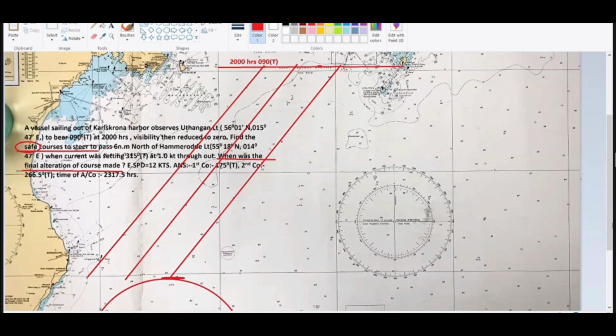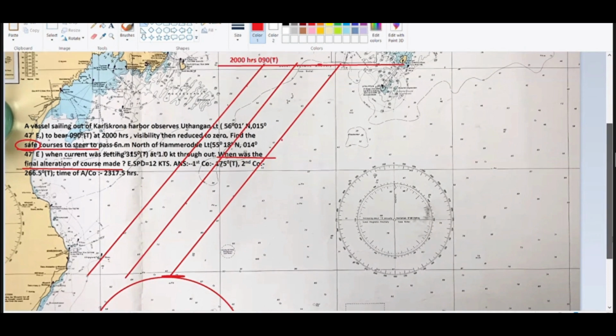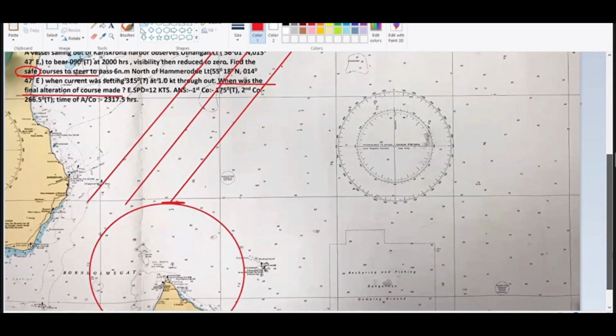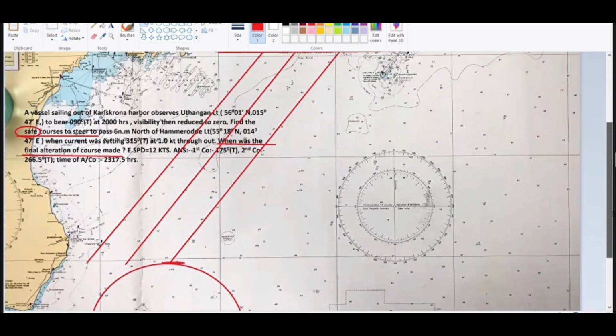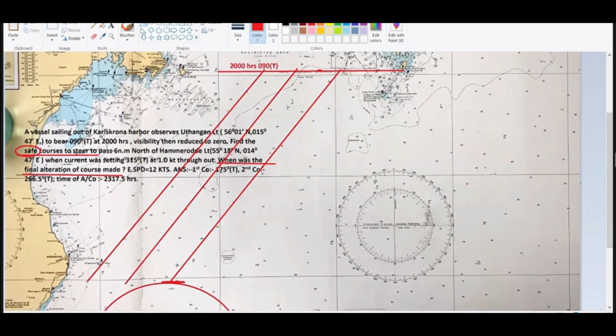The vessel can be anywhere on this first 2000 hours position line. It can be at point A, point B, any point. The vessel can be at point A, point B, or point C. I don't know where we are, but irrespective of any position, the vessel has to pass north of Hammerod, 6 miles. What should I do?